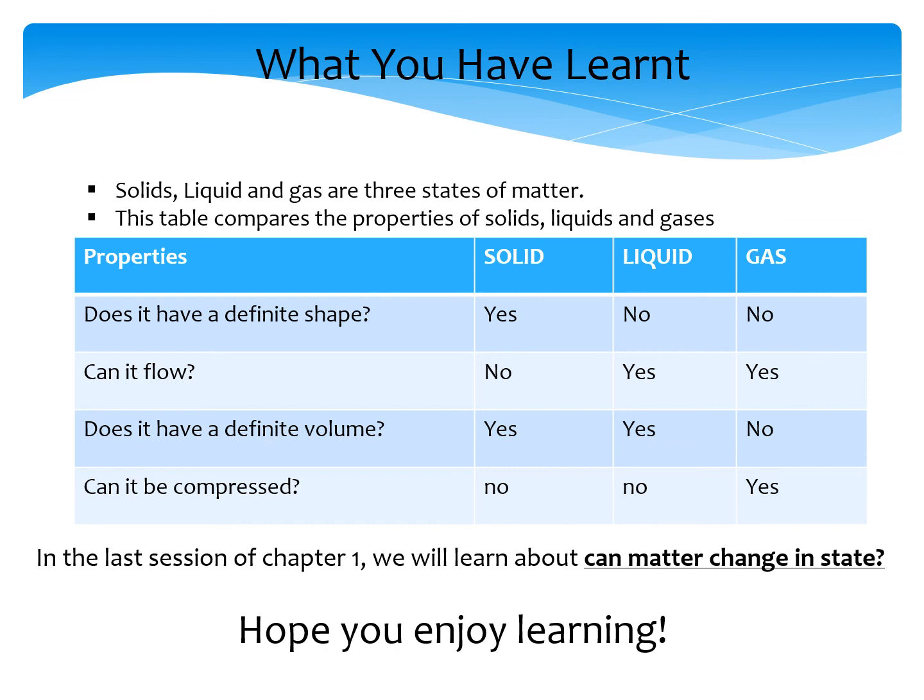Can it flow? In liquids and gases it can flow, but the answer is no in solid. Does it have a definite volume? Yes, it has a definite volume in solid and liquid, but it doesn't have a definite volume in gas.